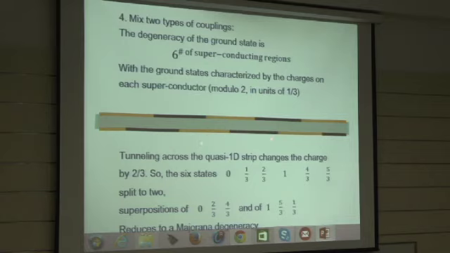Remember this black, now I'm coming back to this full-fledged geometry with superconductors and ferromagnet and so on.